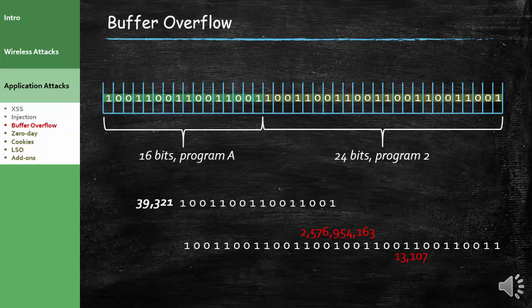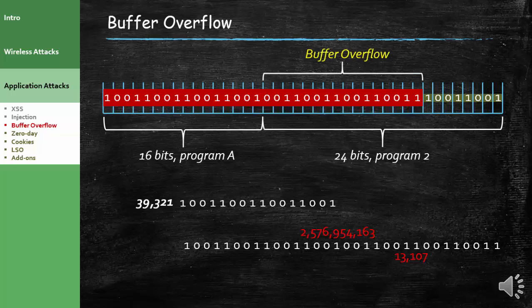If I write that into program A's memory address, it's going to overflow into program 2's memory. So you can kind of see that it overflows into program 2, and that's our buffer overflow. A buffer overflow happens when we intentionally craft a variable that's way too long, and a portion of it pushes into some other program's memory.